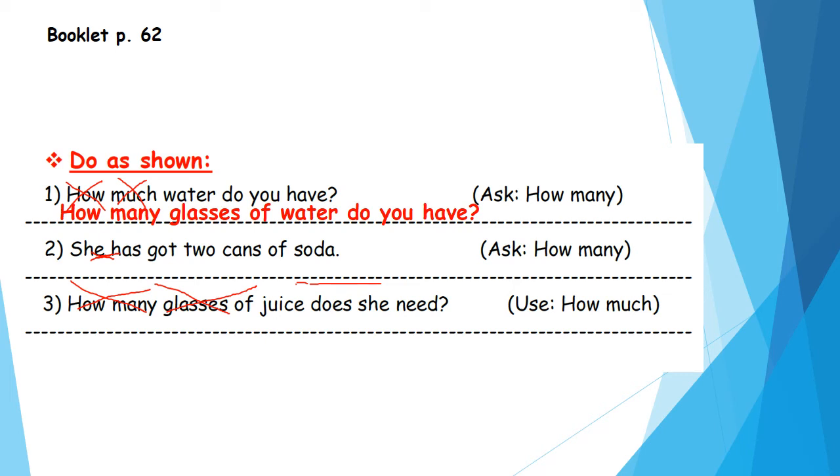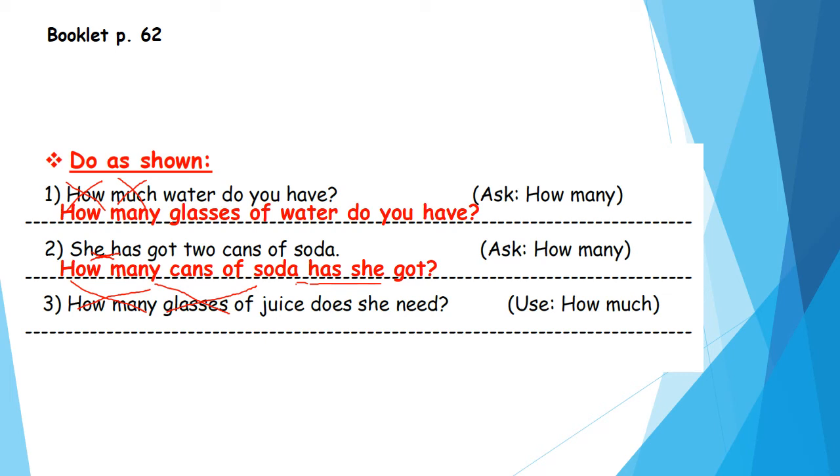And with cans of soda, we use the container: we count the cans and we don't count the soda. So we'll say: How many cans of soda has she got? Here we'll make a crisscross.